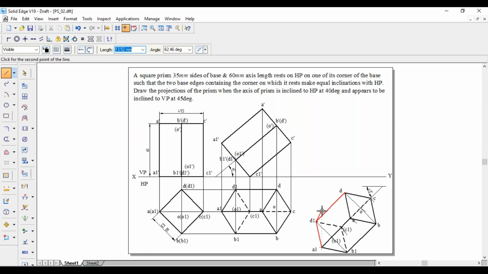Once this is over, we have to project in the upward position. First we'll draw horizontally.